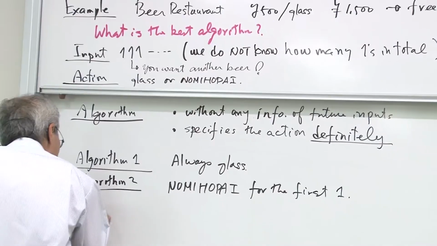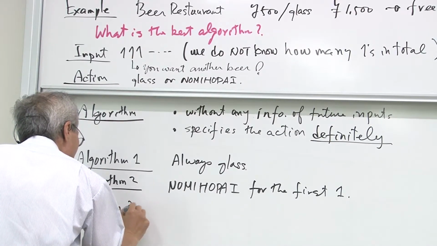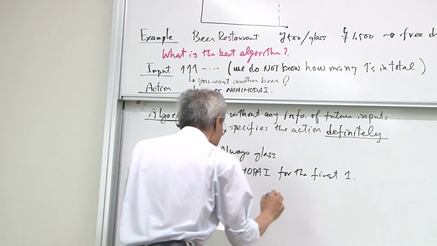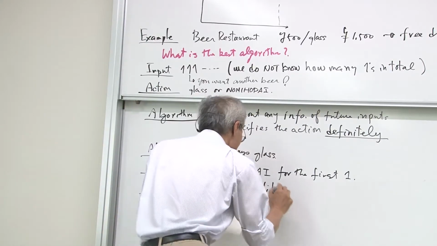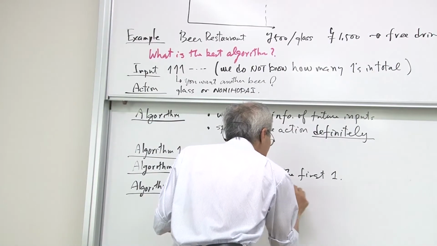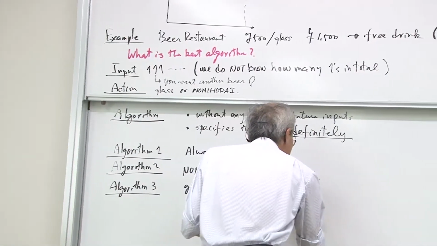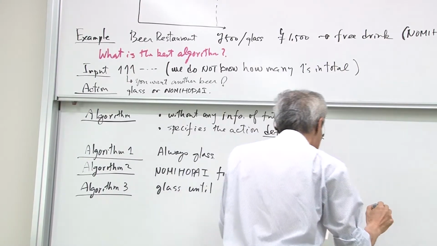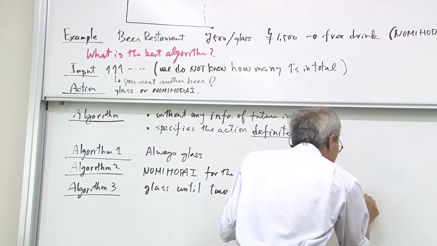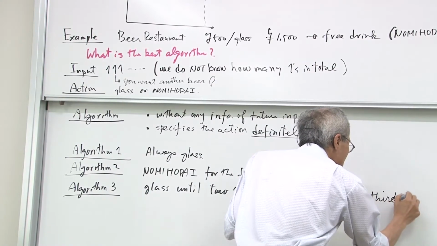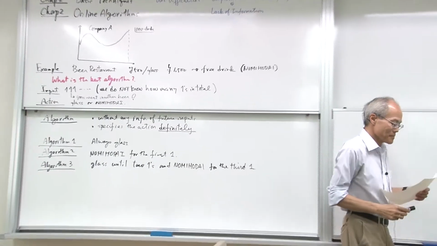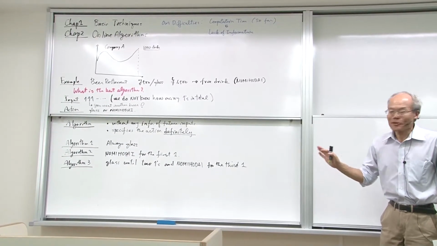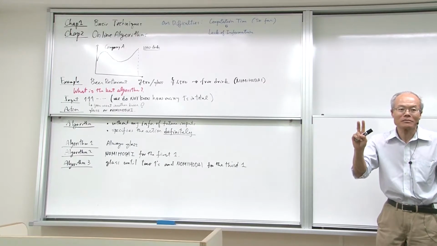Algorithm 3, this is interesting. Due to this algorithm, you order glass for the first 2 ones.